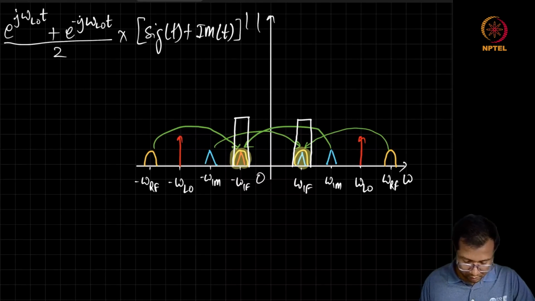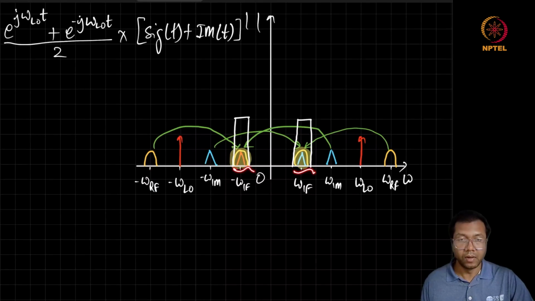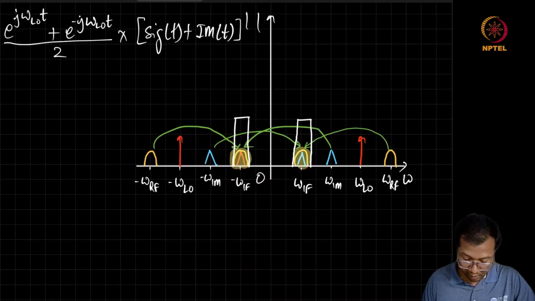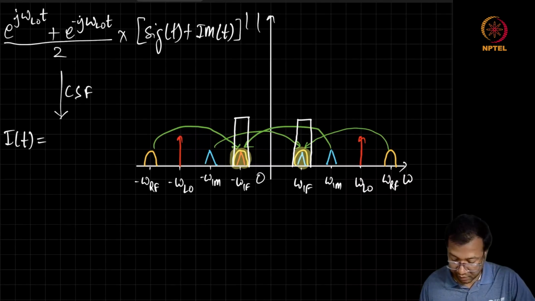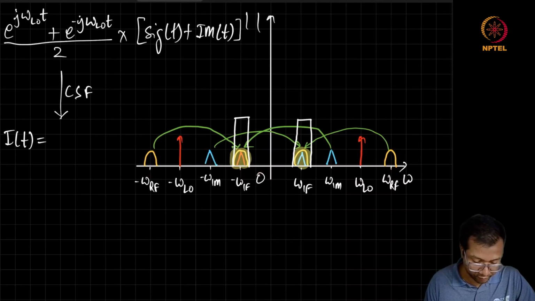Fine. So we can directly write this output, which we have earlier denoted by I of t. After passing through the channel select filter, each of these components has now been shifted to a lower frequency.